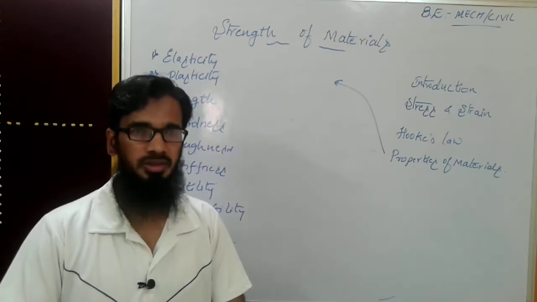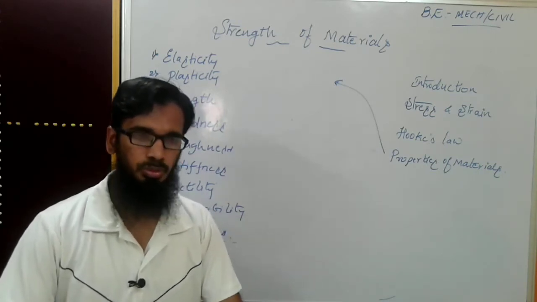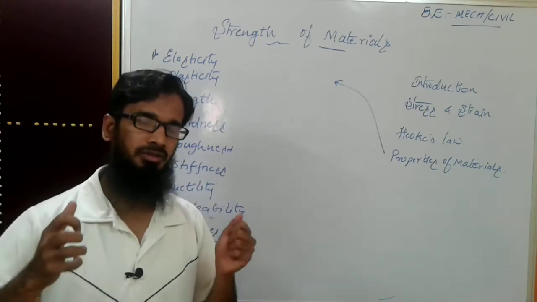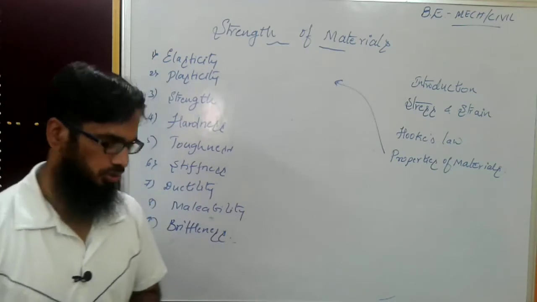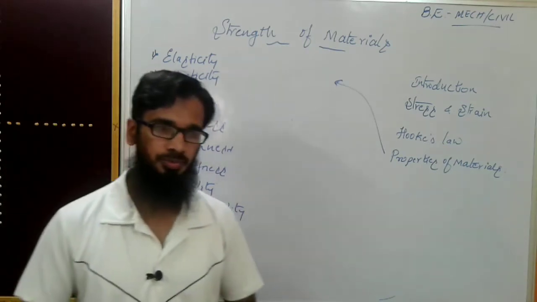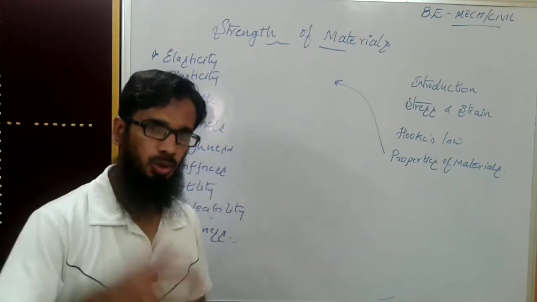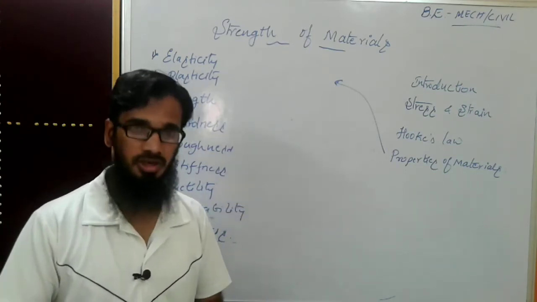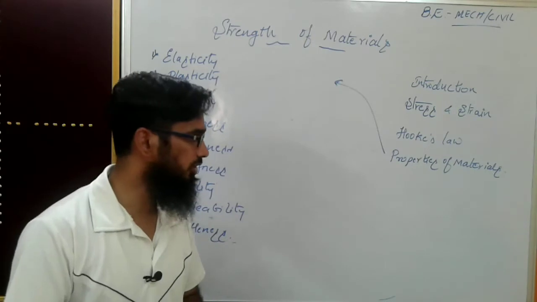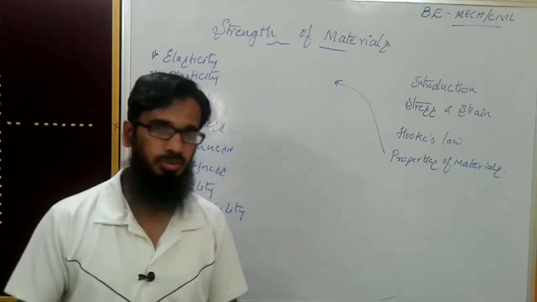Because when a sudden accident takes place, the front portion should be in such a way that it absorbs the maximum amount of energy. So toughness indicates that because of a suddenly applied load, the material has to absorb an amount of energy. That property of a material is given by toughness.